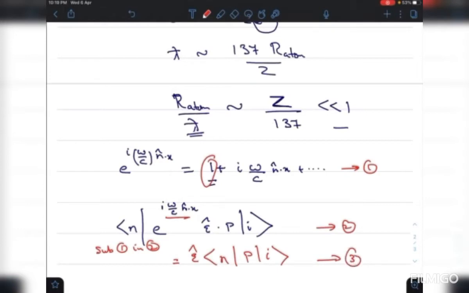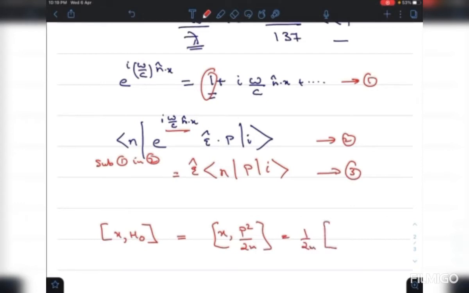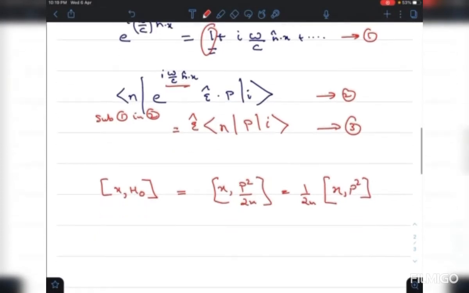Again, now I am just going to consider the commutation relation x comma H0. What is it? You know, this can be written as x comma p square by 2m. So if you take 1 by 2m outside, what do you have inside? x comma p square. This you have learned, the commutation relation between x and p square.